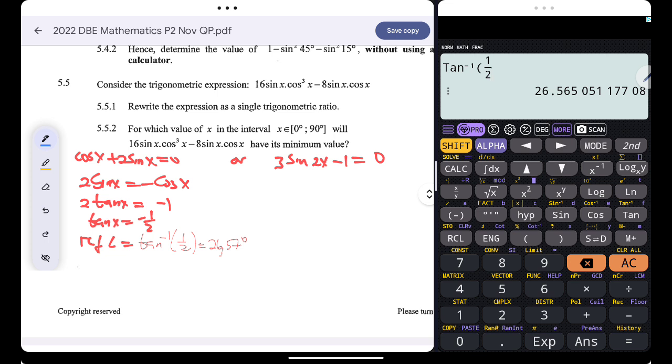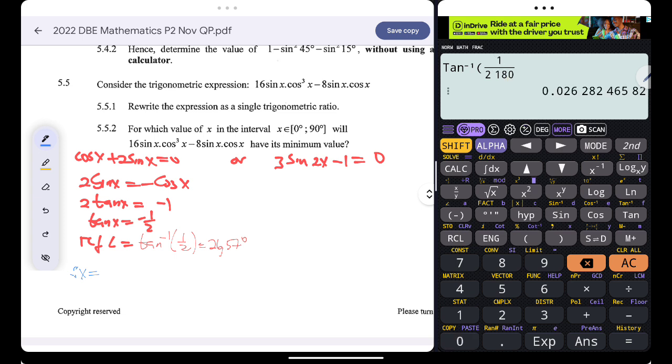So I'll simply say, therefore, x is equal to, in the second quadrant, we express angles as 180 minus. So I'll simply say 180 minus 26.57. I'll get 153.